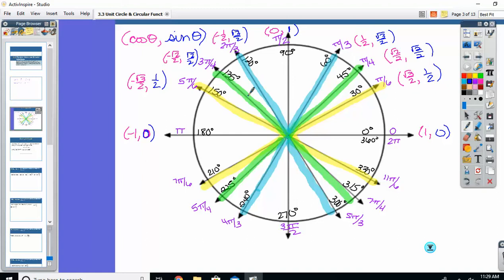In quadrant 3, what's true? X and y are both negative. So this would be negative radical 3 over 2, negative 1/2. Negative radical 2 over 2, negative radical 2 over 2.